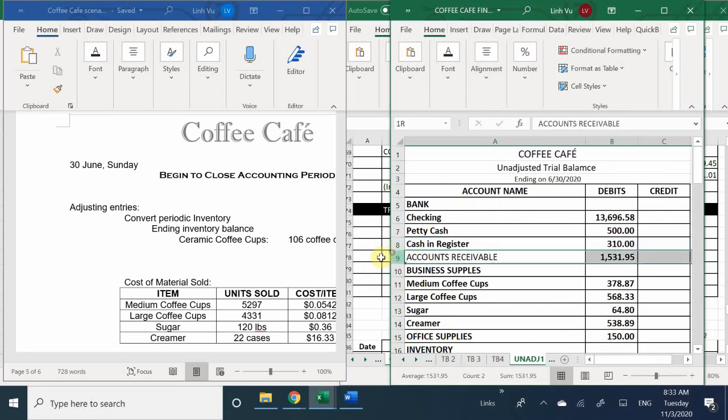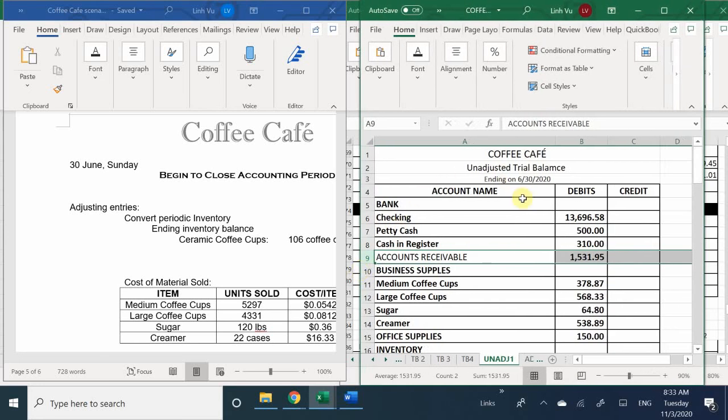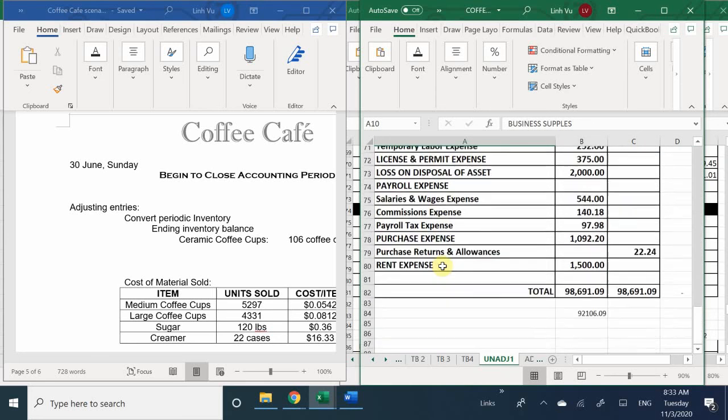And now that we have this, you're going to be utilizing this particular form to help apply for the rest of the forms, okay? So your main goal is to successfully have this one as well as your adjusted trial balance, okay?